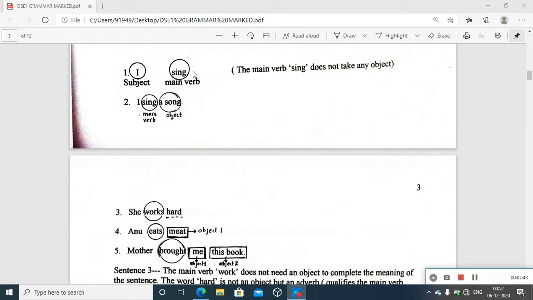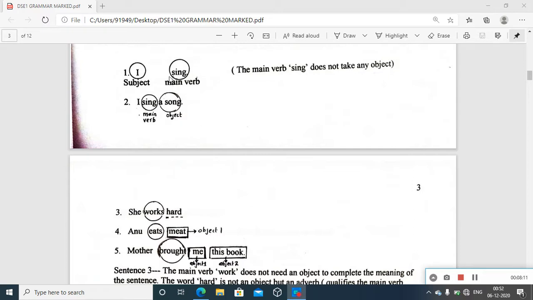Let us see whether this is a sentence that is complete in itself, or just a group of words. I gave you the definition of a sentence, and it was already told how just a group of words will not comprise a sentence. For a group of words to be a sentence, it should bring a complete sense.